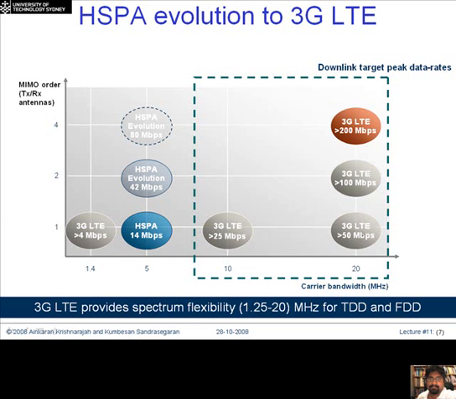Doubling the carrier bandwidth will essentially double the data rate to 50 megabits per second. And again, if you double the number of antennas at the transmitter and the receiver, you'll be able to get about 100 megabits per second. And if you go further than that, you can get maybe up to 200 megabits per second with a combination of LTE and MIMO.